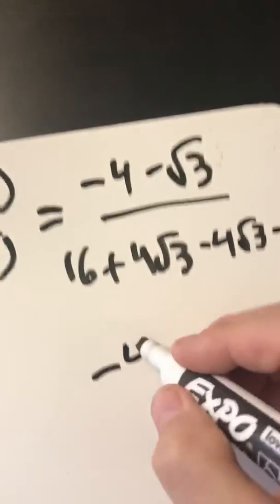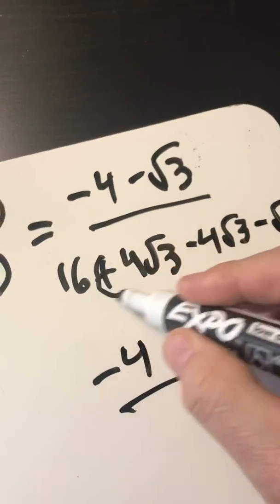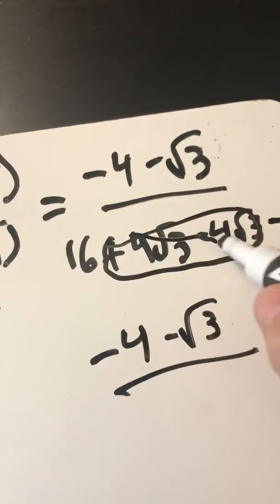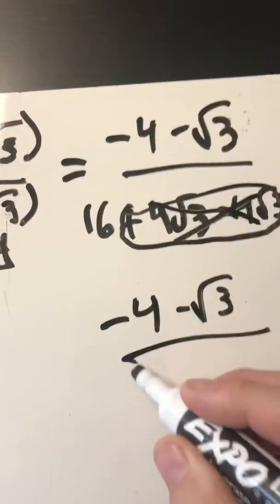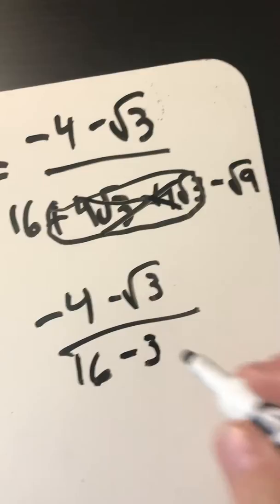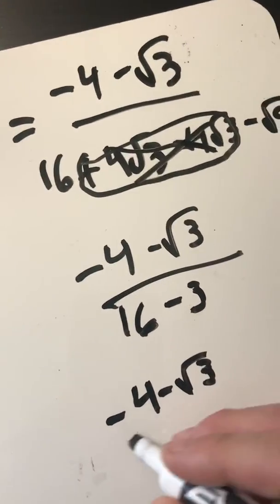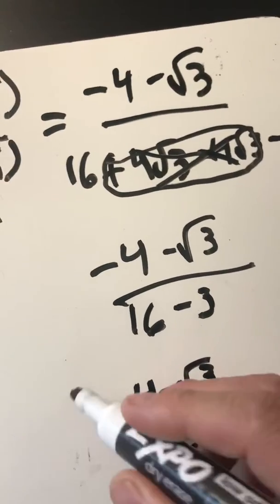So you get your top, negative 4 minus radical 3. Look at this. These two cancel. That's what we want. And then in the bottom you have 16 minus, well, the square root of 9 is 3. So your final answer is negative 4 minus radical 3 all over 13.